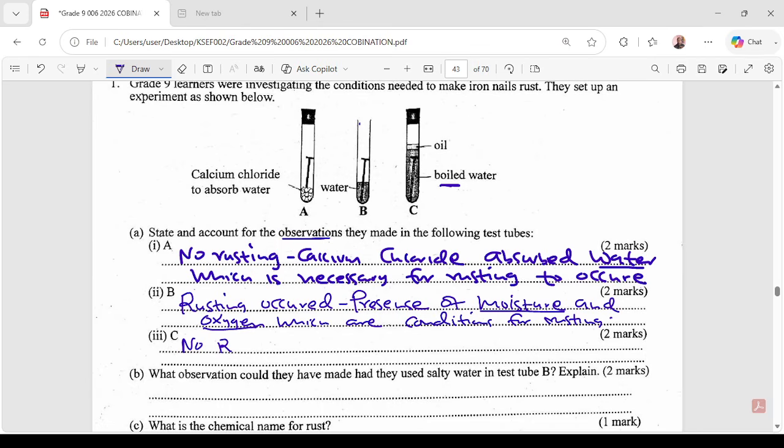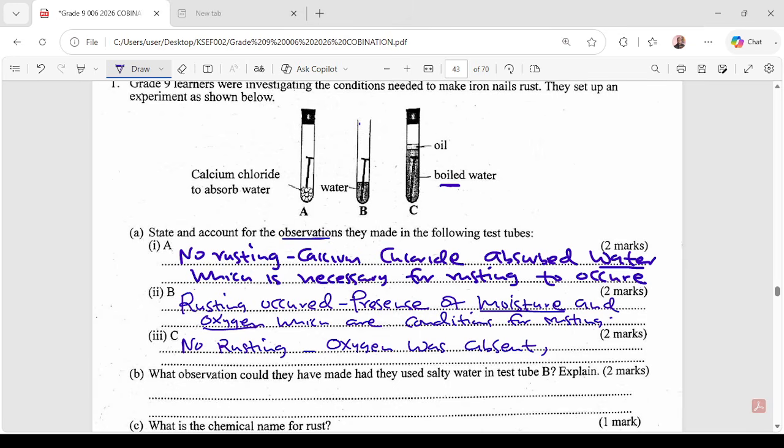No rusting. The observation is a reddish brown coating was observed on the surface of the nail. That should be your observation. So no rusting. Reason being, oxygen was absent.